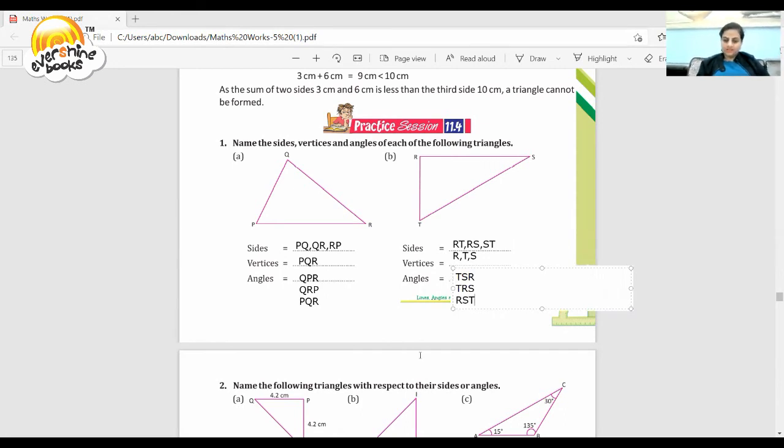These are the angles. Okay, so we have done these sides, vertices and angles.